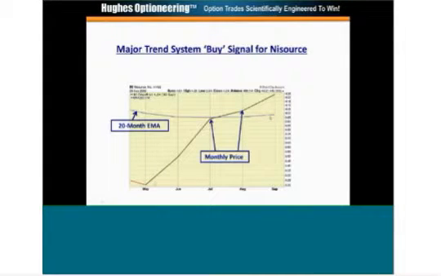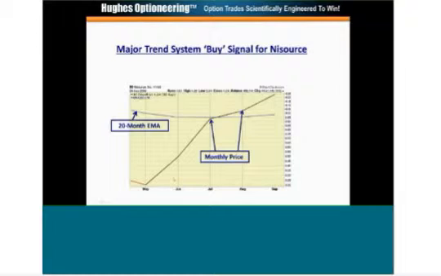And this line here is the monthly price movement of NiSource stock. So this price right here is the price of the stock on the last trading day in May.